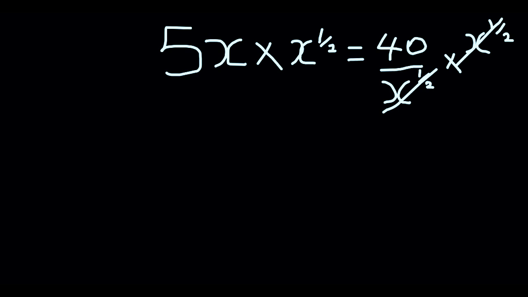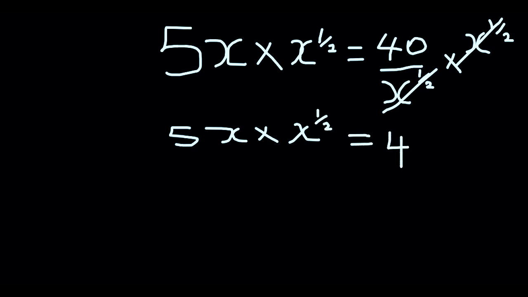So our expression gives us 5x multiplied by x to the power of half equals 40.